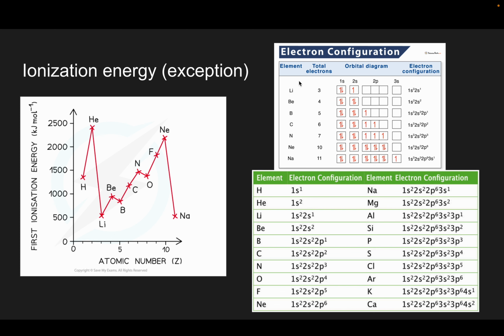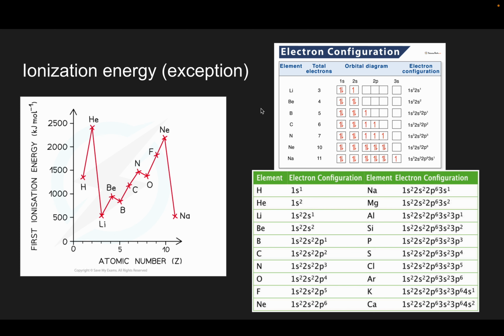And as you can see on the top picture, here are for example electron configurations of some elements. And let's take for an example lithium and beryllium, as we did before. For example, as you can see, lithium has lower first ionization energy than beryllium.